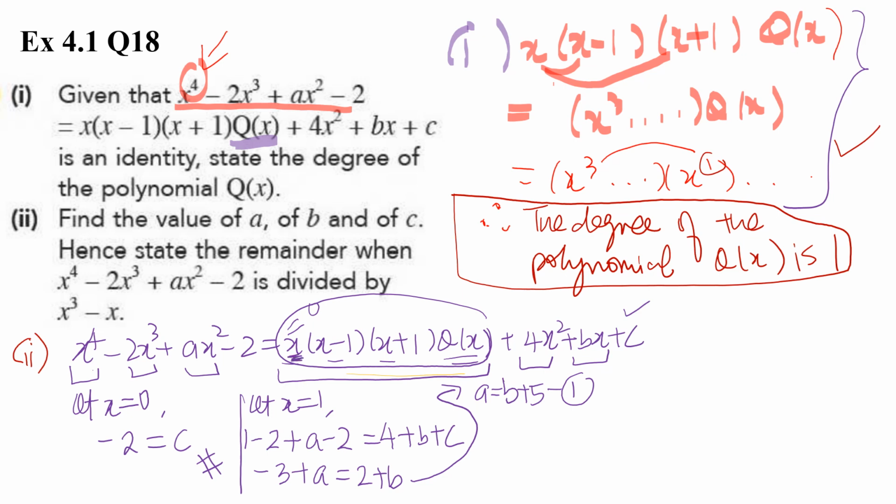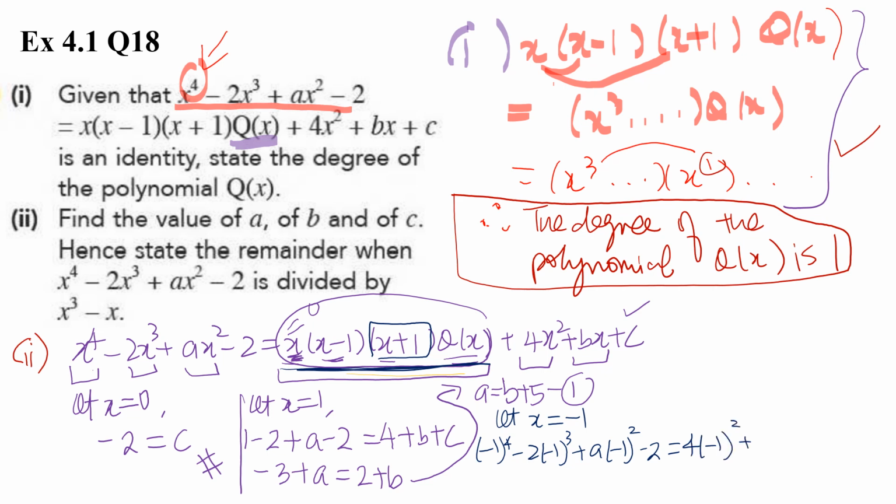For the second substitution, I've already exhausted x and x minus 1, so I'm only left with this term here, x plus 1. So I'm going to let x equals negative 1. So I would have negative 1 to the power of 4. So this whole chunk of thing will be gone. C is negative 2. Let's simplify.